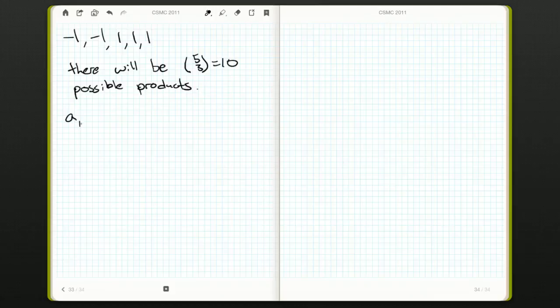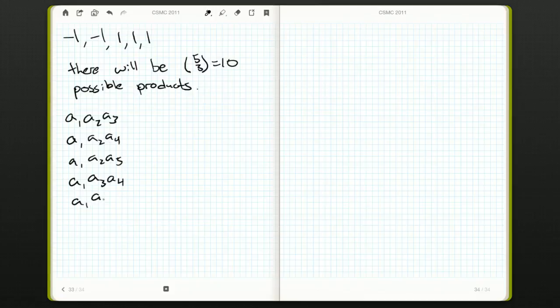So we could try a1, a2, a3. I want to write these out, but I want to do it in a very methodical way. So we're going to keep a1 as long as possible. a1, a2, a4, a1, a2, a5, a1, a3, a4, a1, a3, a5, a1, a4, a5.